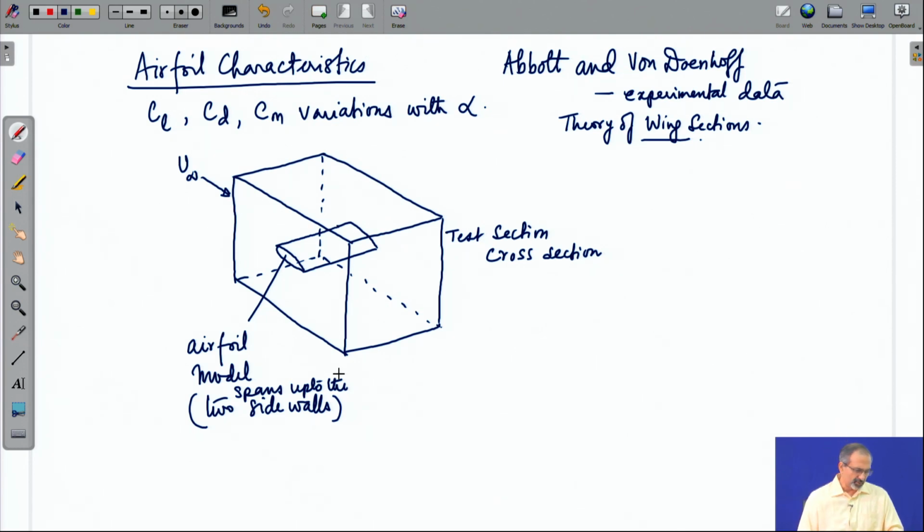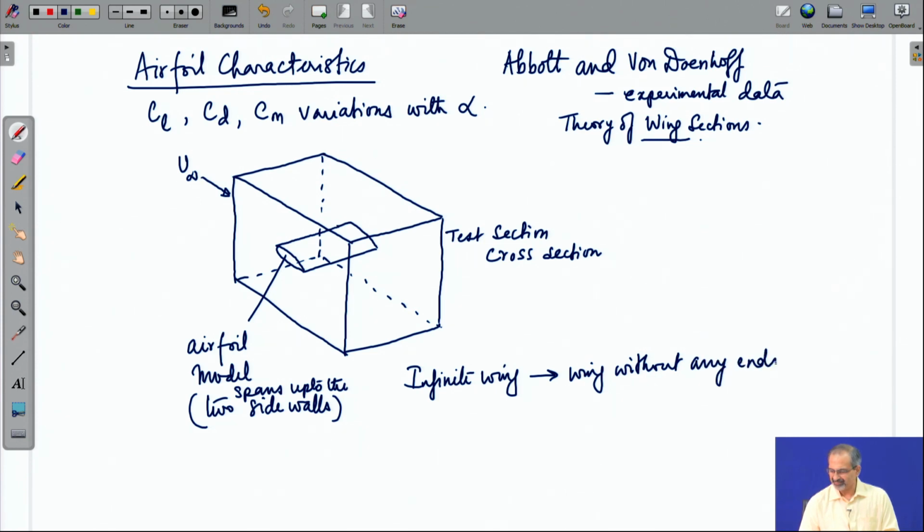In such a situation, we consider this to be a case of an infinite wing. That means, a wing without any ends, while if it was not spanning up to the two side walls, if there was a gap between the side wall and the edge of the wing, then that would be called a finite wing.